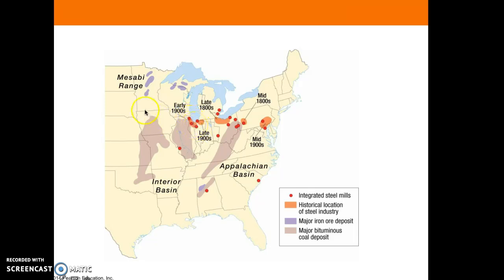Because by then, a lot of our iron ore deposits were found up in Minnesota and also in Wisconsin, and a lot of our coal deposits were out further west as well. So the inputs that we needed, the raw materials, had shifted further west. And then after the early 1900s, we started to get iron ore that was shipped from other countries.